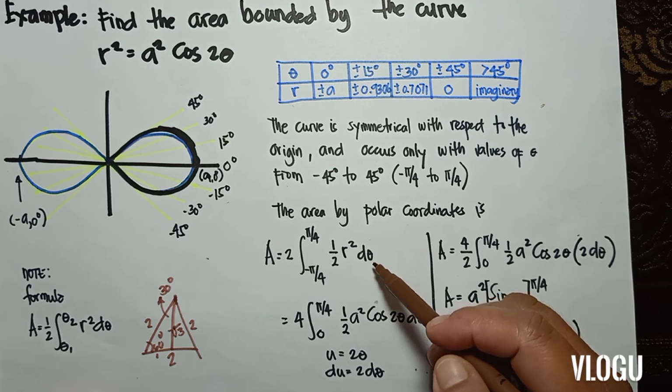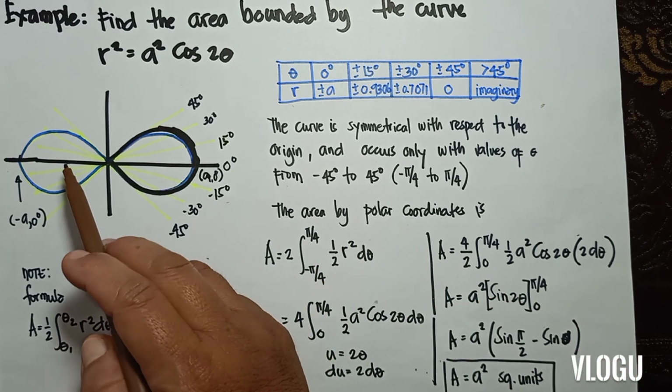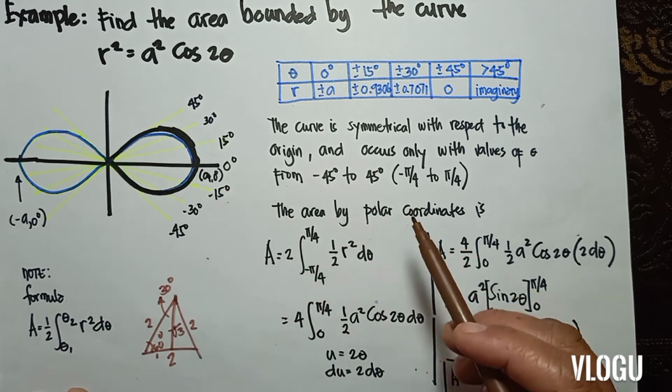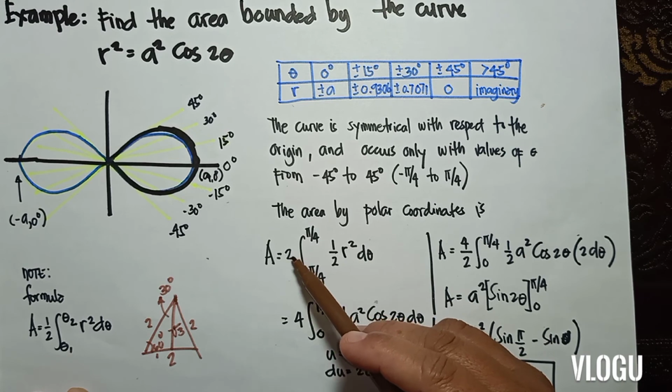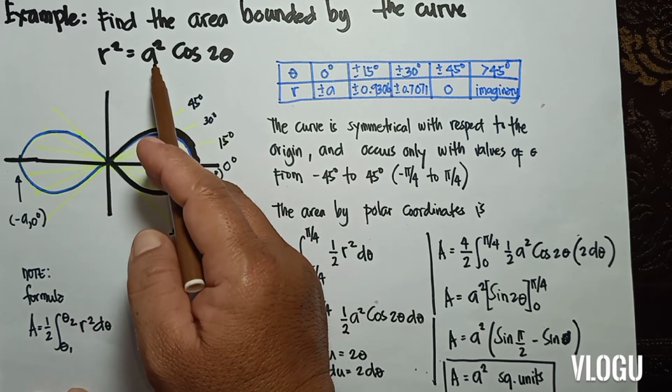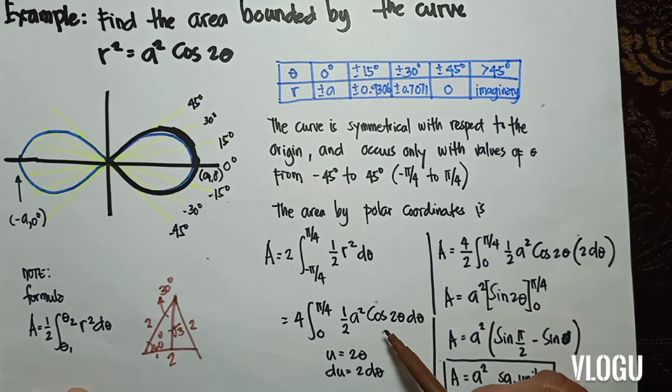And then since you have two enclosed areas here, that's the reason you multiply with 2. So multiply with 2. And then r squared, that is equivalent to a square cosine 2 theta.